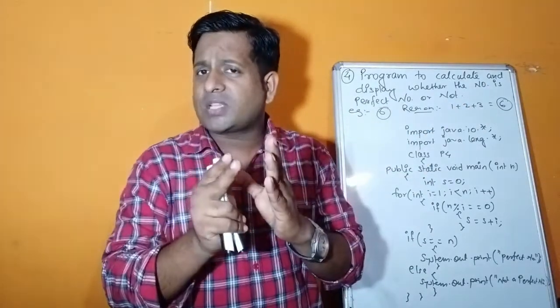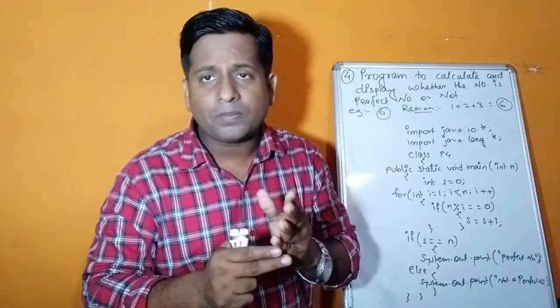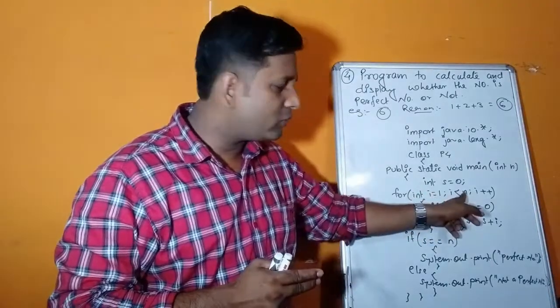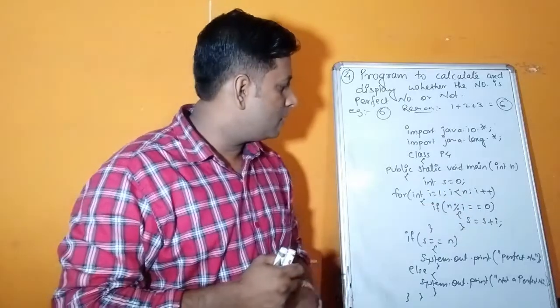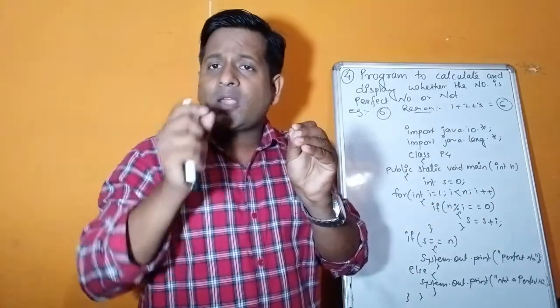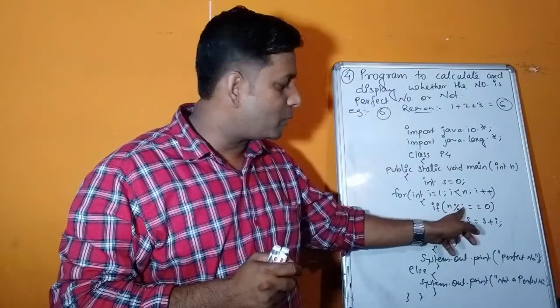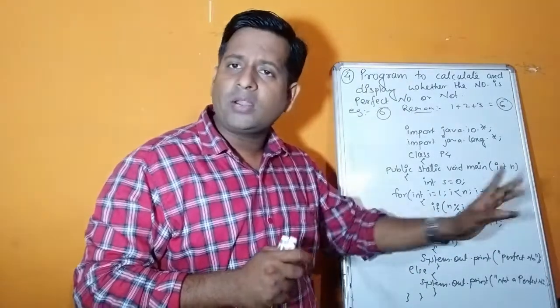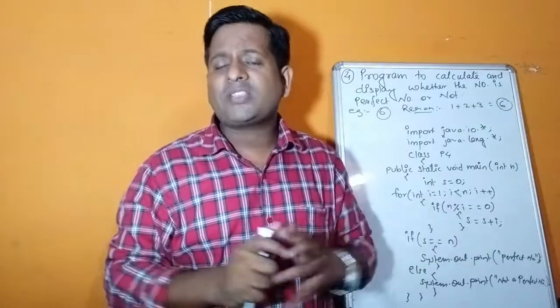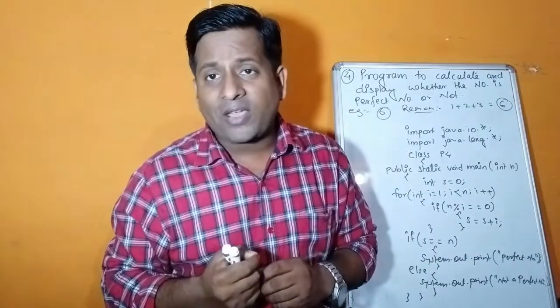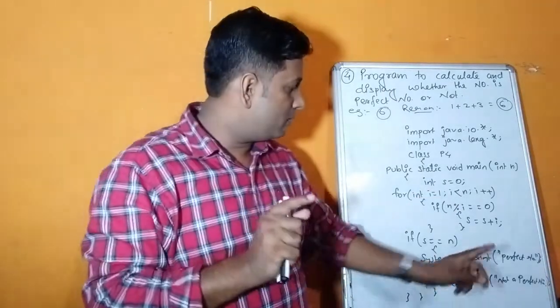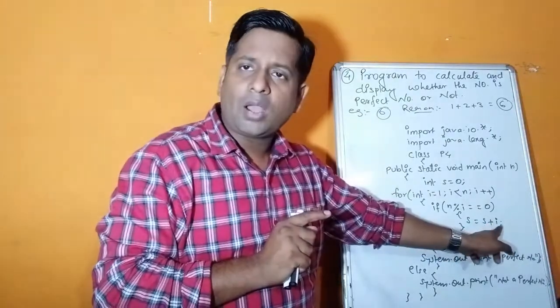Because if the number is 6, we have to run the loop from 1 to 5, so we run the loop from 1 to less than n. Then we have to divide that number with 1, 2, 3, 4, 5. So we divide the number with I and check for remainder 0. If this condition matches, that means that is a factor. So that factor should be added: s is equal to s plus I.